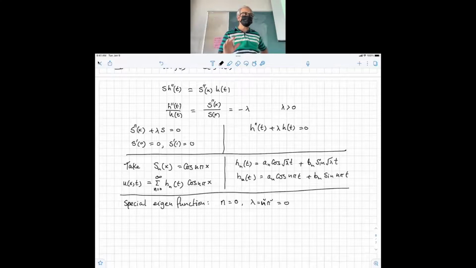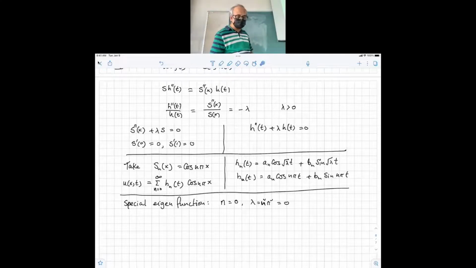Any confusion about why lambda is n squared pi squared? That is a good question.